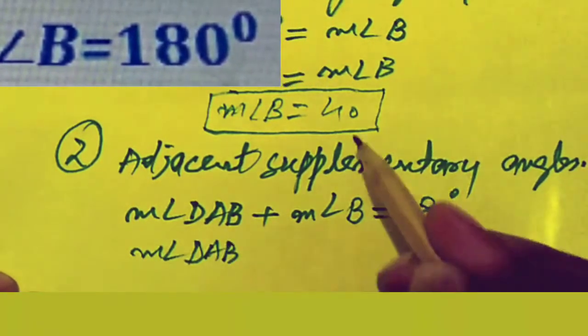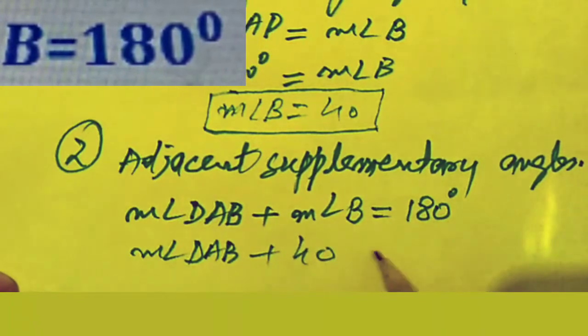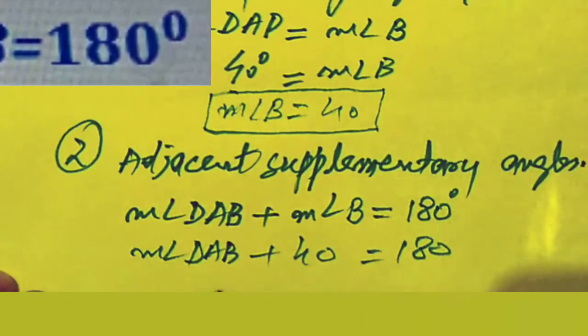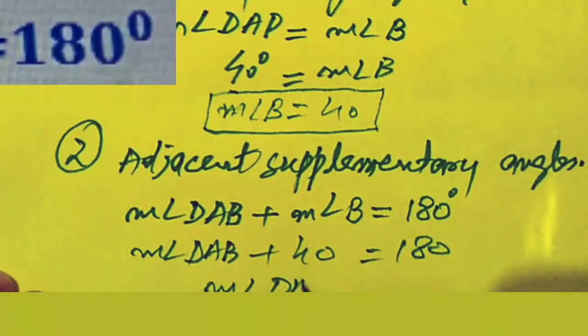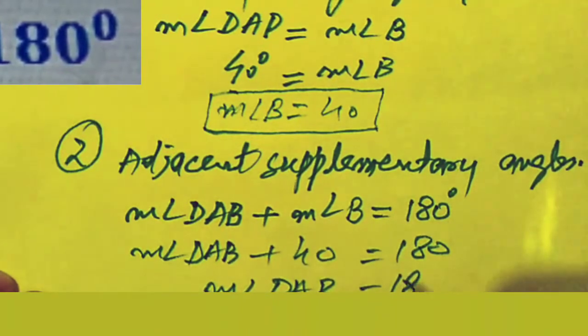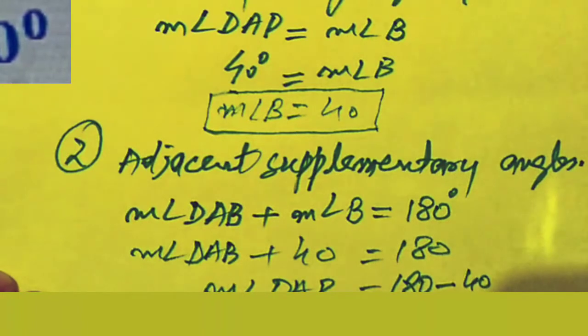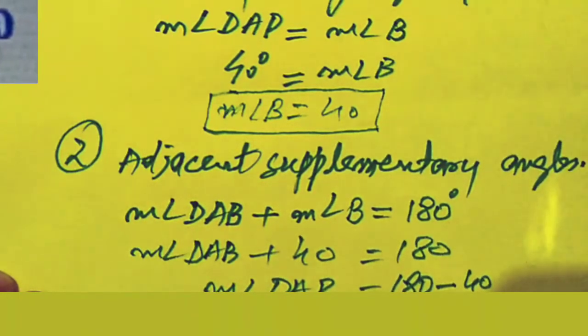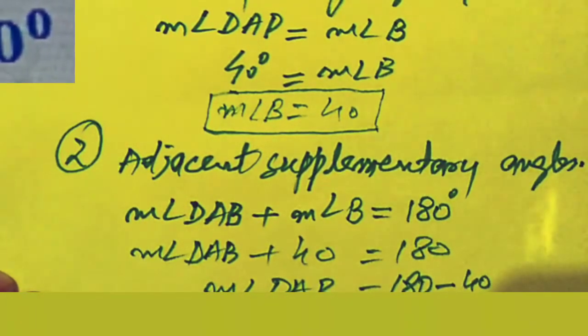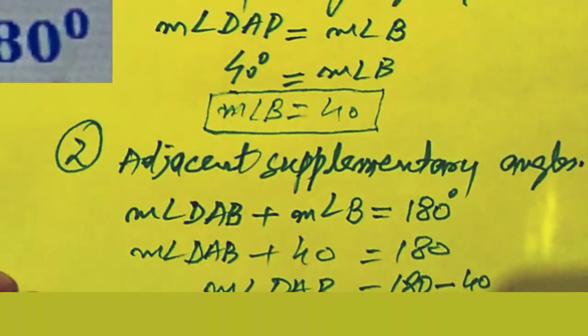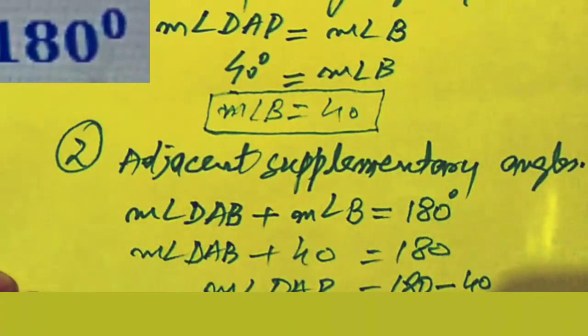Angle B is equal to 40 degree. Then measure angle DAB is 180 minus 40, it will become 140. So the measure angle DAB is 140 degree.